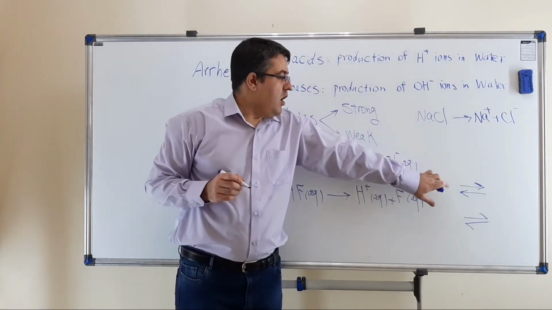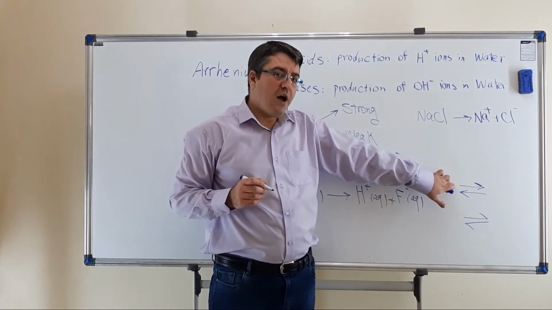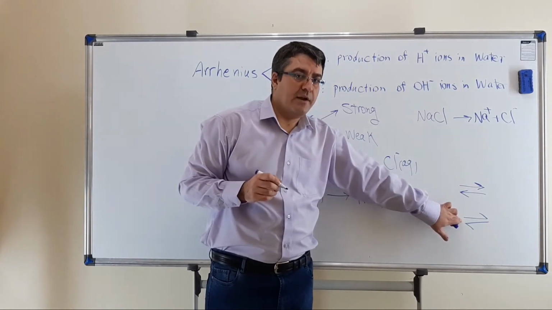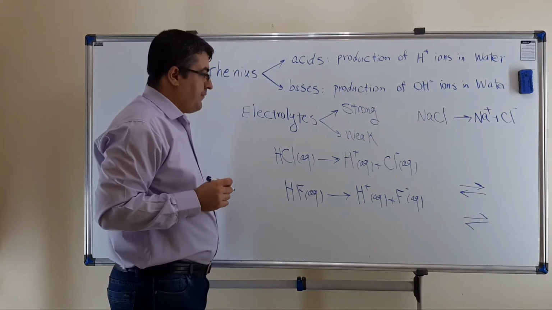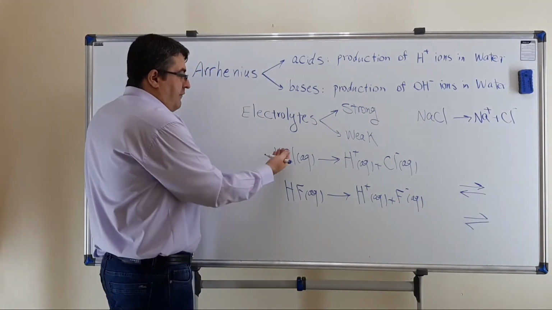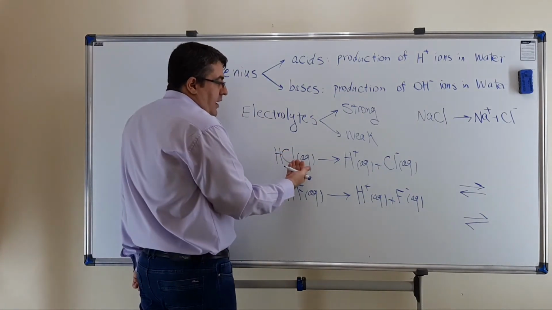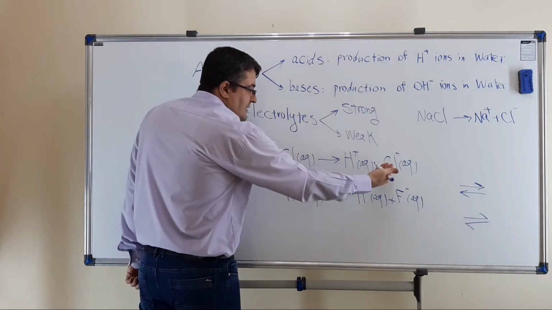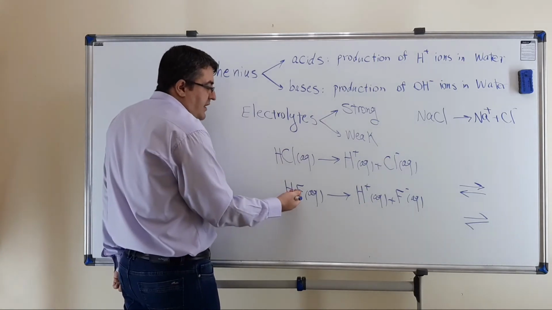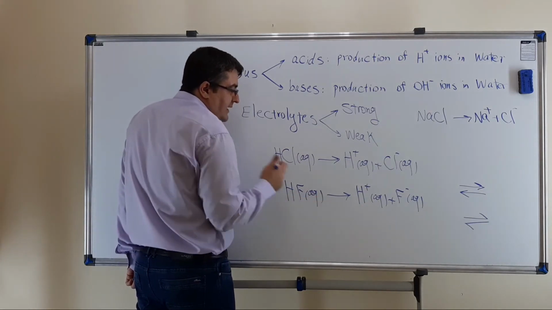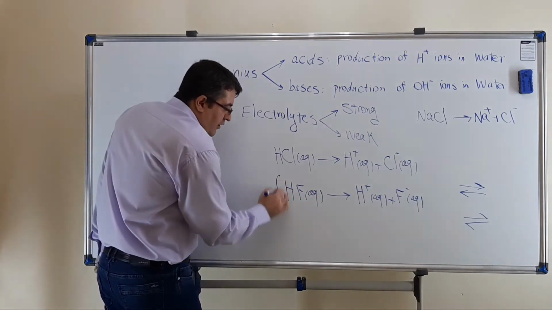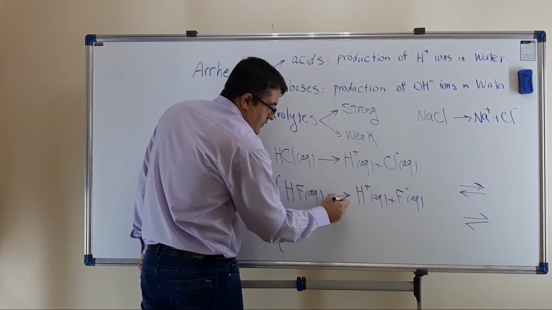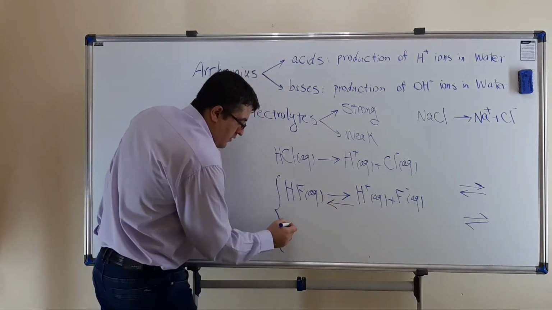This sign is for a reaction in both directions, and this sign is for a chemical equilibrium. For example, we usually represent the dissociation of hydrochloric acid in water like this. But in the case of dissociation of hydrofluoric acid, we use one of these dissociations, or this one.